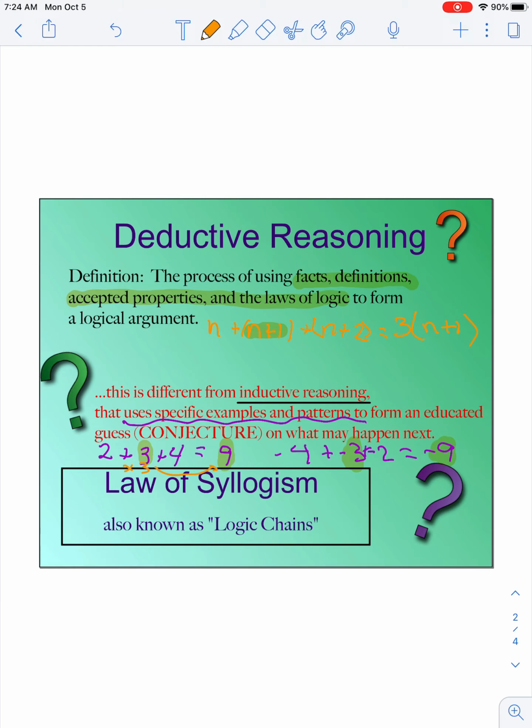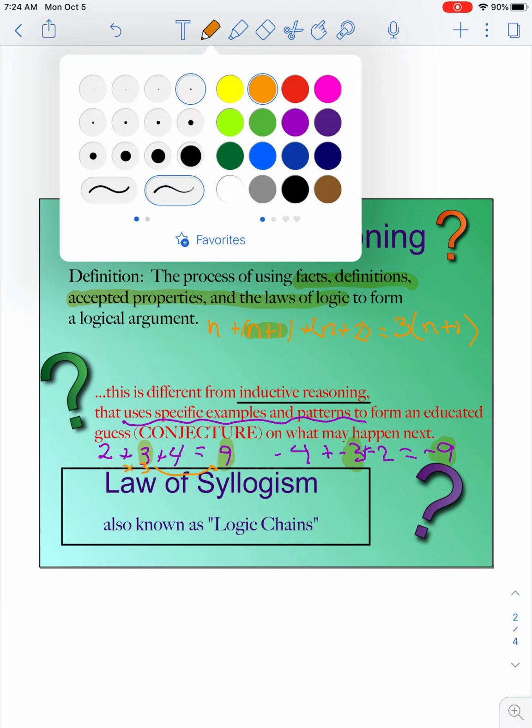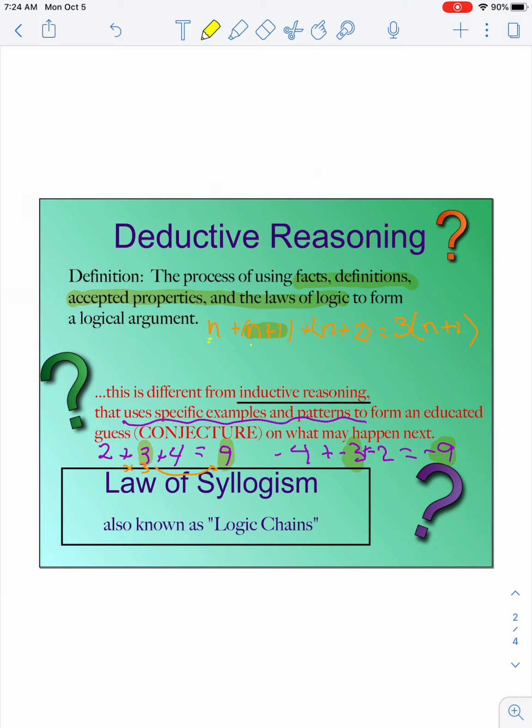And that's deductive reasoning. That's using accepted algebra properties, because now when we take our like terms on the left side and add them together, we get 3n, and we get 1 and 2 added together gives us 3. That is the same as taking 3 times that middle number using the distributive property, and we get 3n plus 3. So that's kind of the difference between inductive and deductive reasoning.